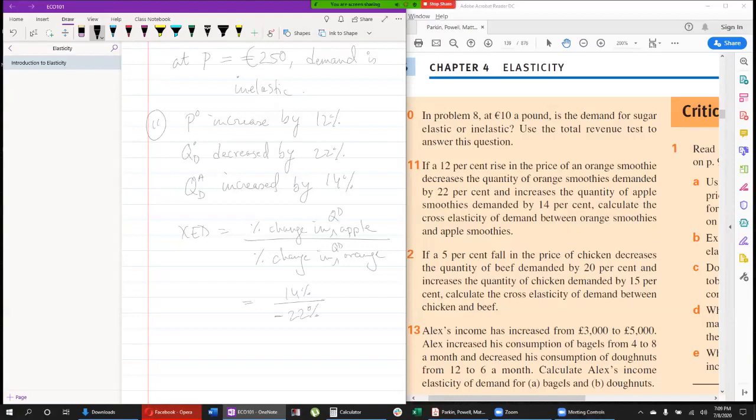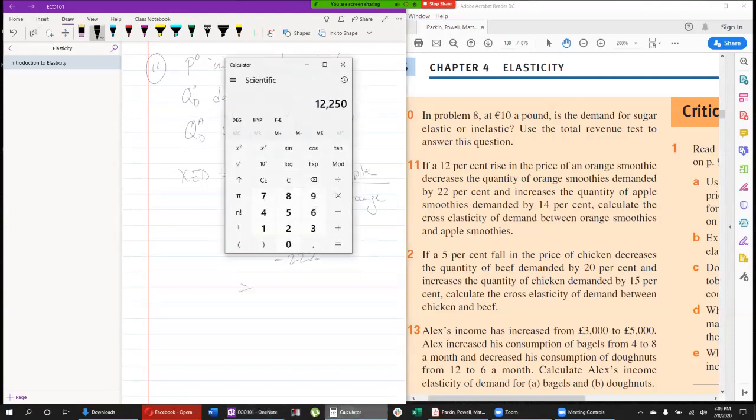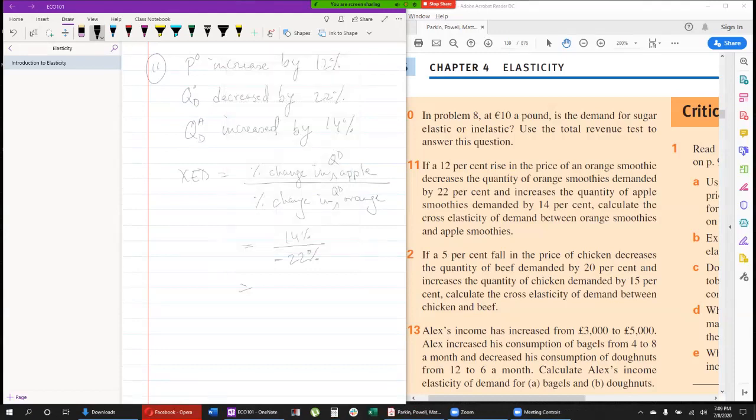Decrease 22% and increase 14%. Yep, that is it. As a result, if I bring out the calculator again, divided by 22, we get 0.64, and there's a minus, of course. So YED is minus 0.64.